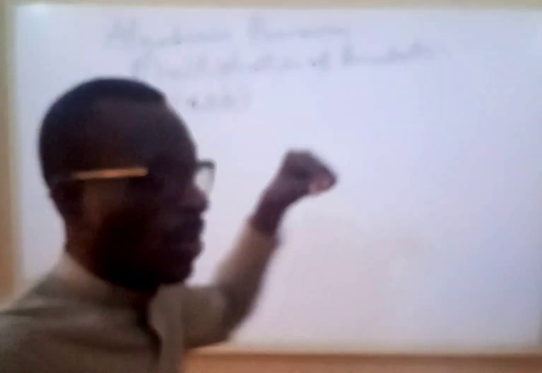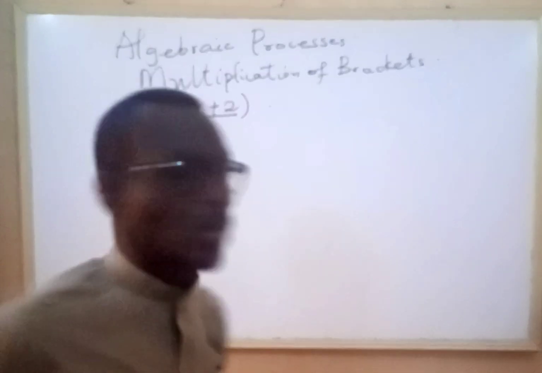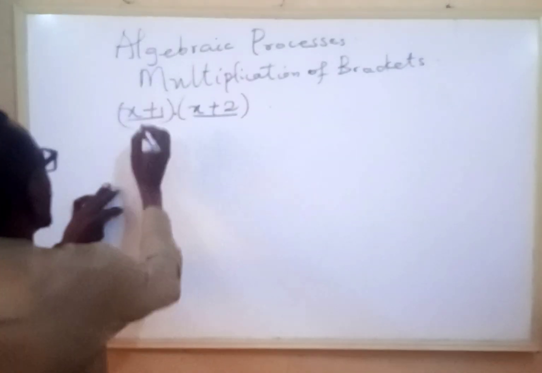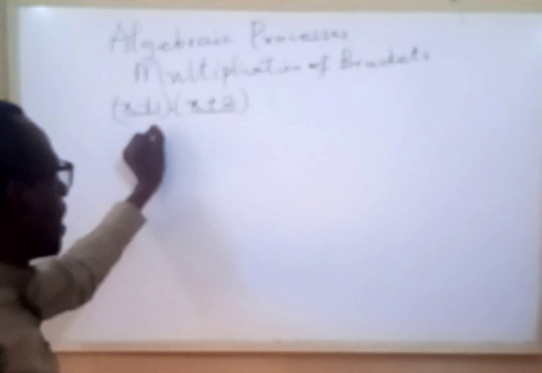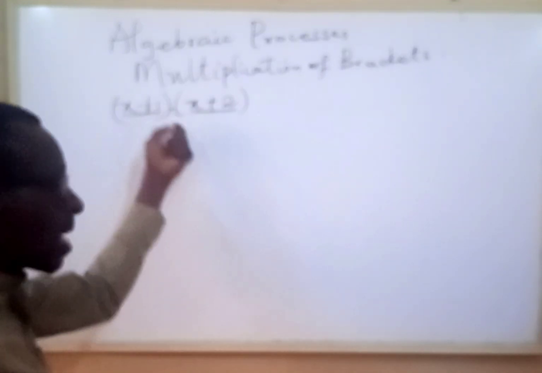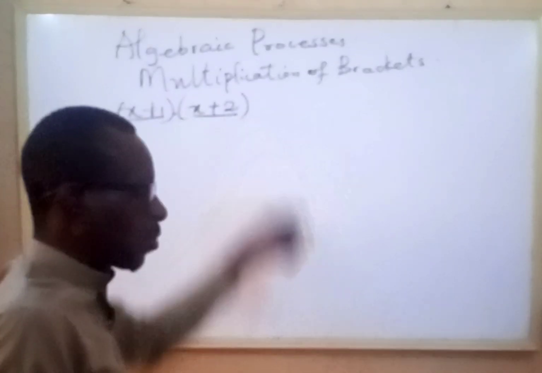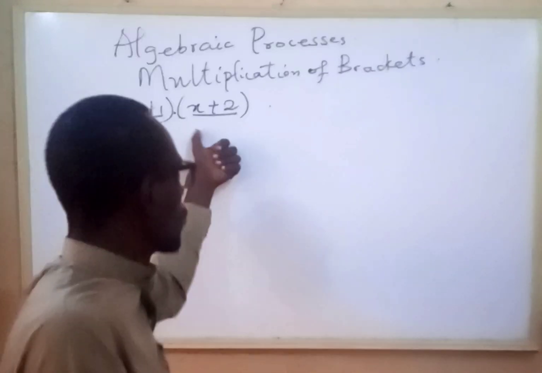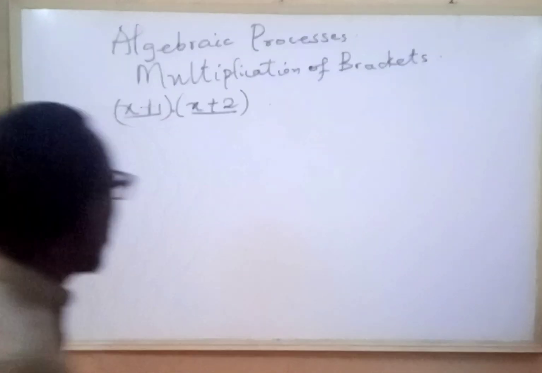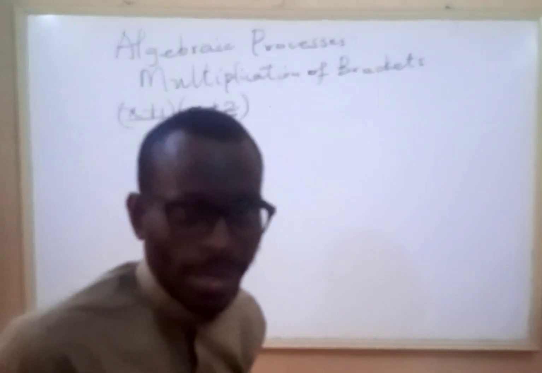We have said in all of your videos what an expression is: the combination of like and unlike terms with an operator that is a separator. Here a positive separator separates s plus 1; s is a term, 1 is another term, two different terms. Likewise, you have s and 2, and a positive operator that separates the two terms. So how can we multiply the two expressions in brackets?